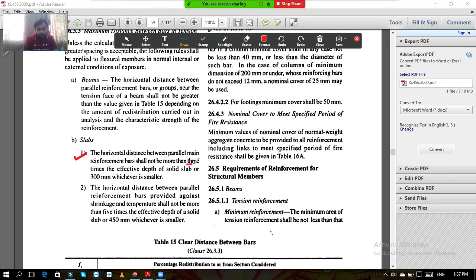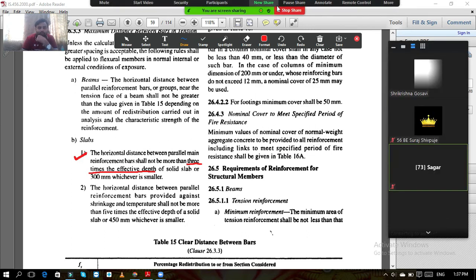I underline the word here, it is 3 times the effective depth. It is already given, so that we are using.